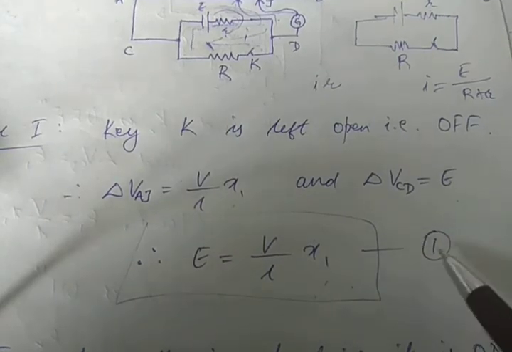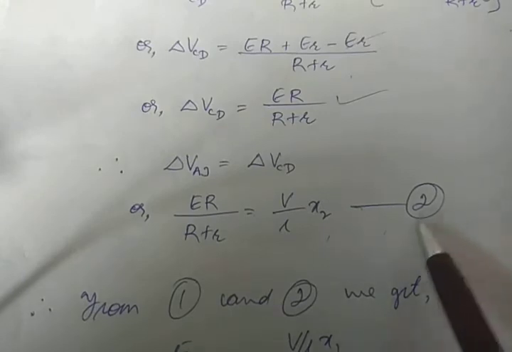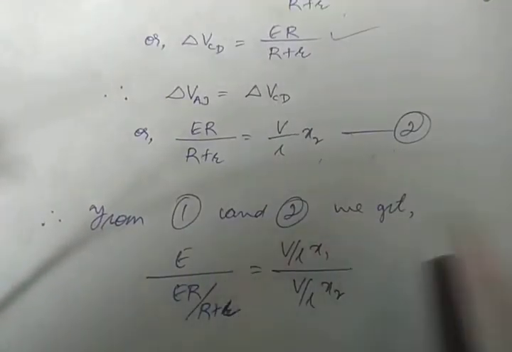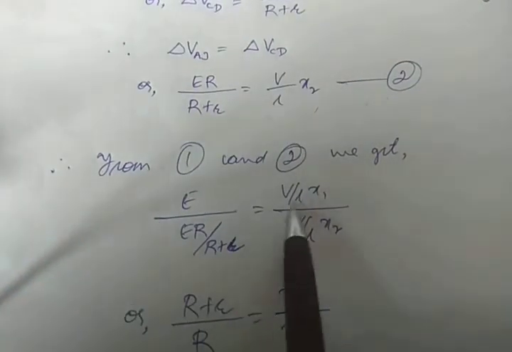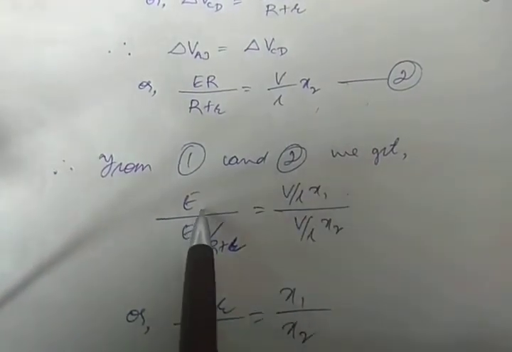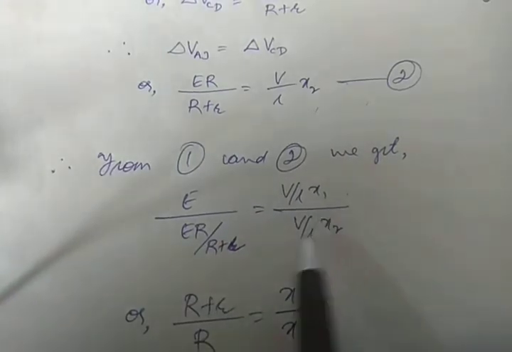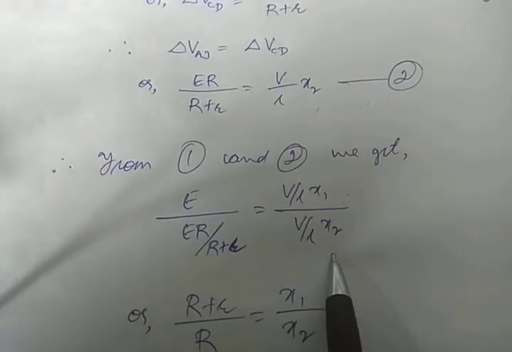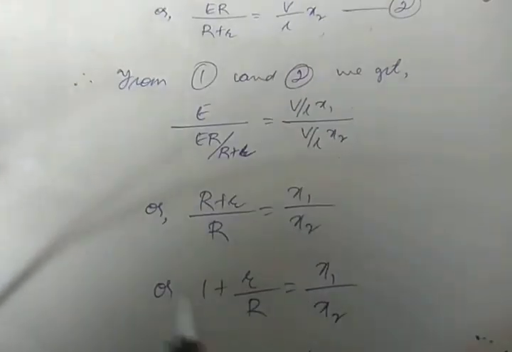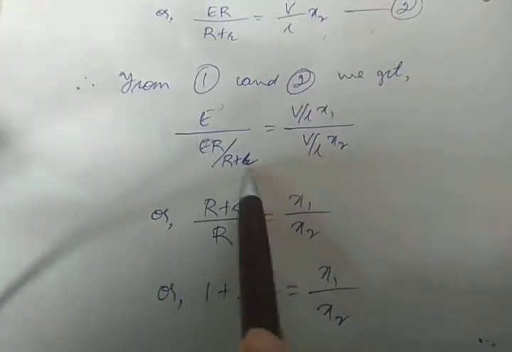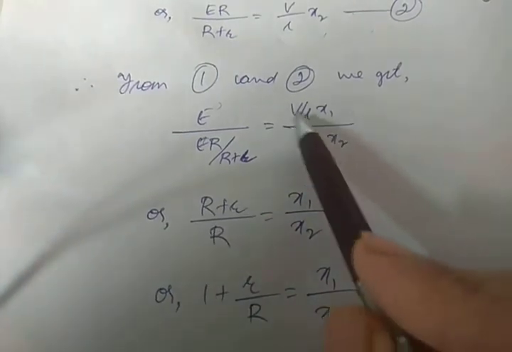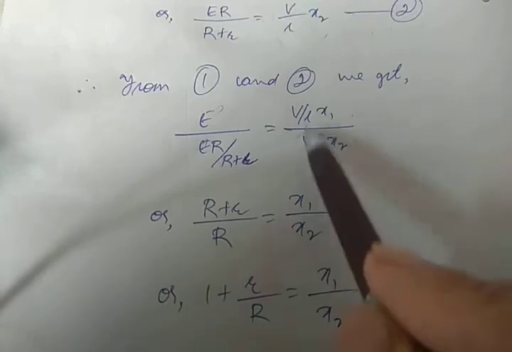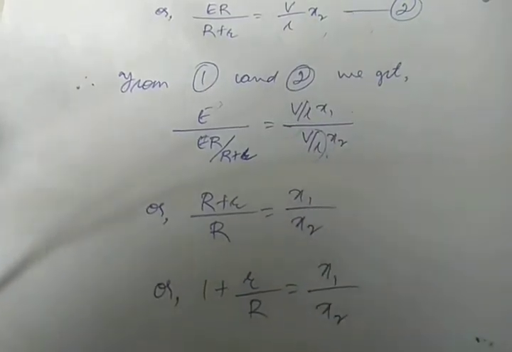So therefore, dividing equation 2 by equation 1, we get E upon this is equal to V upon L x1, which is the value of E from equation 1, and this is the value we get from equation 2. When we divide, E divides out. This R plus r goes to the numerator, so R plus r divided by R is equal to V upon L, the potential gradient, dividing out, we get x1 upon x2.